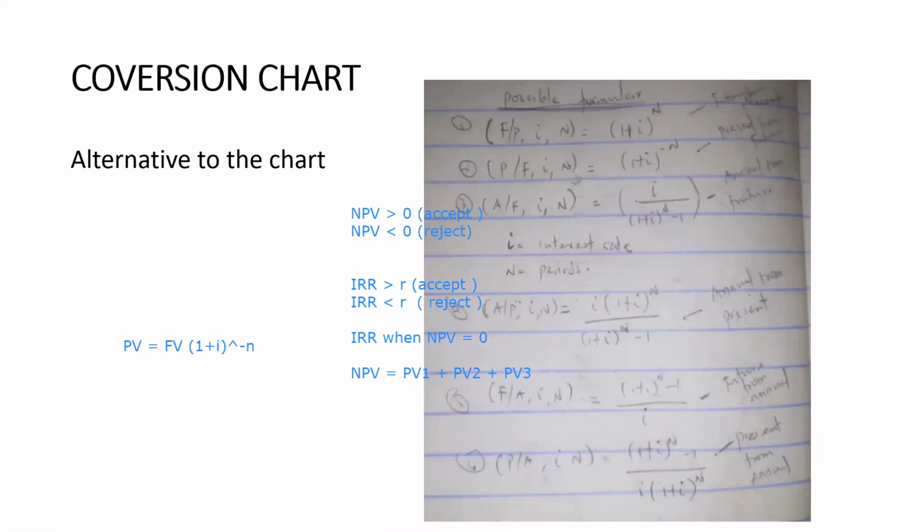You add all of them together and you equate it to zero, because your internal rate of return will be minimum when NPV equals zero. That means when NPV equals zero, you get an interest rate that is equal to the minimum rate. So at that point, the company is neither losing nor gaining. But definitely, the company will not want to go for such an offer.